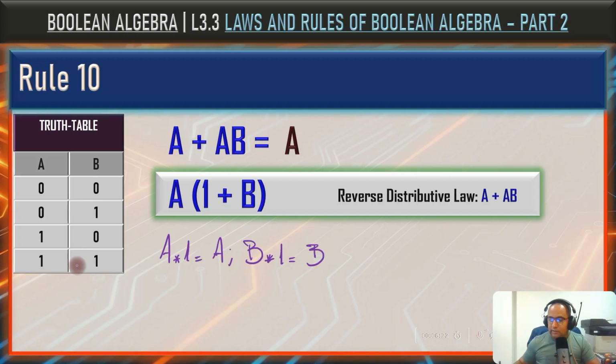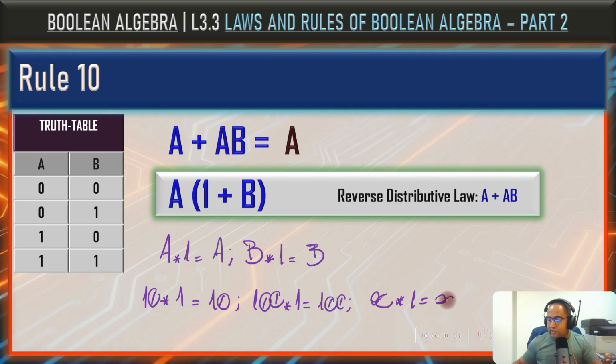For example, 10 multiplied by 1 is still 10, okay? And for example, 100 multiplied by 1 equals 100. And x multiplied by 1 equals x itself.